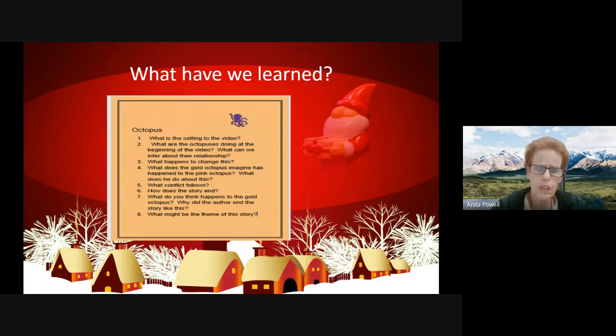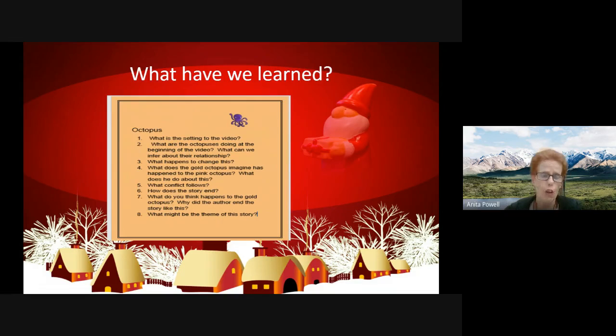Well, somebody comes or this guy comes and grabs the pink octopus. So what does the gold octopus imagine has happened to the pink octopus or will happen to the pink octopus, actually? He sees this or imagines this butcher just carving up the pink octopus. So what does he do? He immediately sets out to try to rescue the pink octopus.